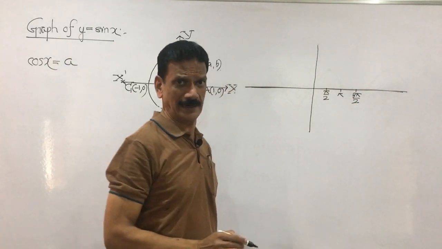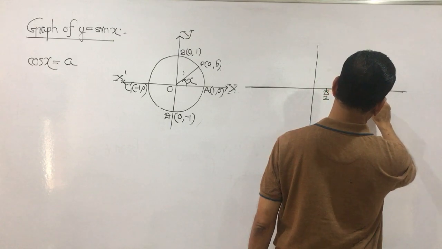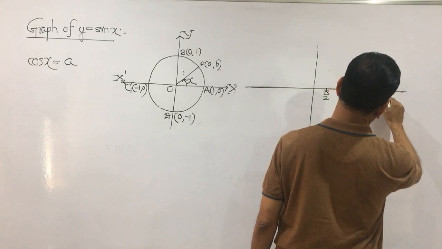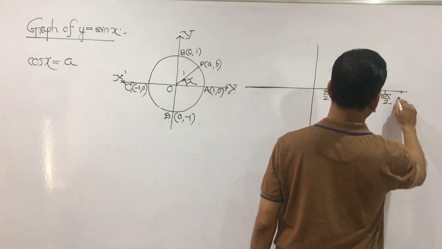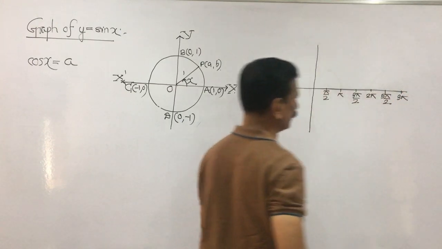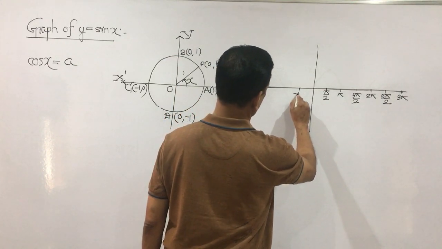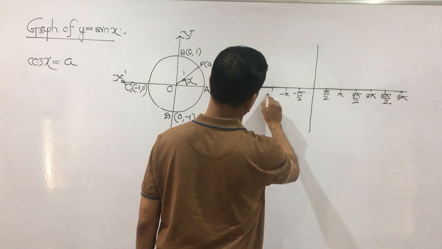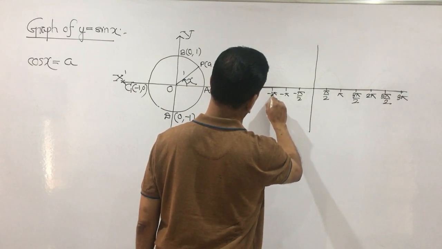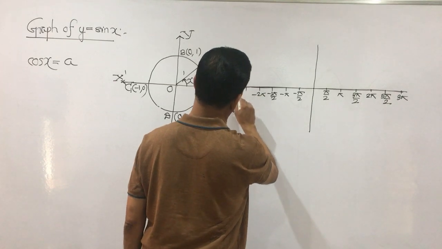These are the quadrant angles we take, and one complete rotation means it is 2 pi, and next is 5 pi by 2, and next is 3 pi. So if you go in the negative direction, here the angle is minus pi by 2, this is minus pi, this is minus 3 pi by 2, minus 2 pi, minus 5 pi by 2.